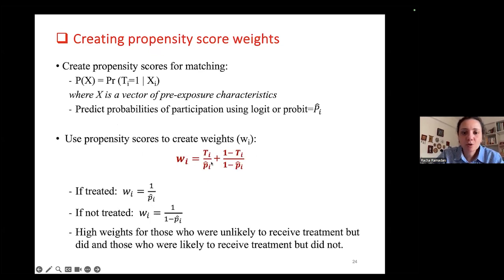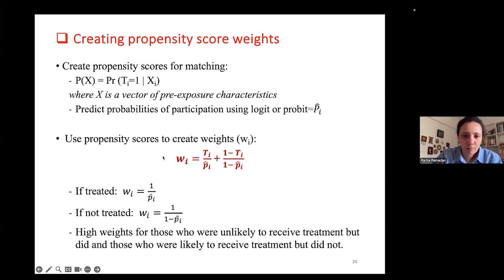So look at this weight. You have TI, which equals 1 if I am treated, 0 otherwise, based on the propensity score, plus 1 minus TI, so if I am not selected, divided by 1 minus the probability of being selected given my characteristics.